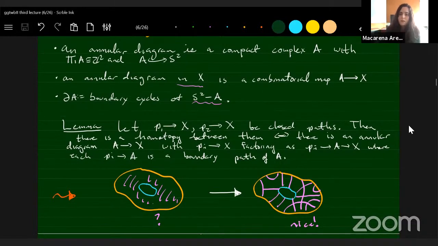So the picture to think about here is that we start with a diagram with an annulus that can be very strange and very badly behaved, but we can always assume that there is one that is nice, that is just an annular diagram. And therefore, we can think of the two-cells of the diagram as representing relations in a presentation.